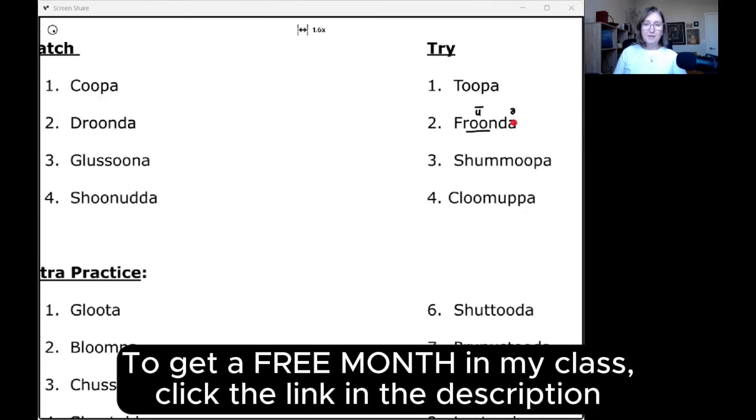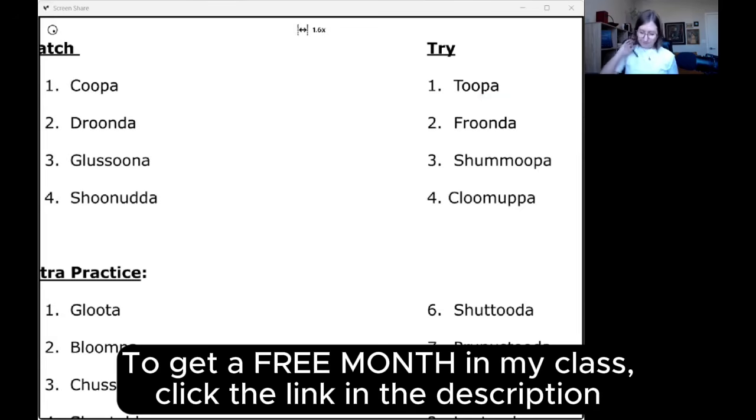This A says the schwa sound. So we have f, oo, n, d, frunda. There's another 2-letter consonant blend. Frunda. And that's where you want to make sure that R is pronounced and not omitted accidentally. Not an easy word to pronounce.